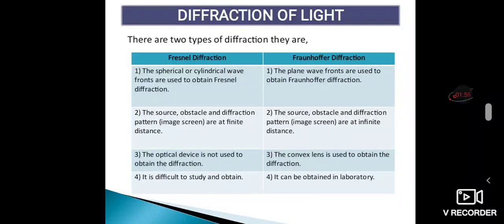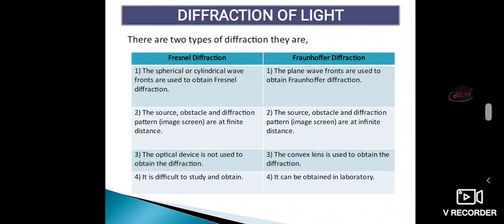In Fresnel diffraction, the source, the obstacle as well as the diffraction pattern, that is the screen, are at a finite distance.